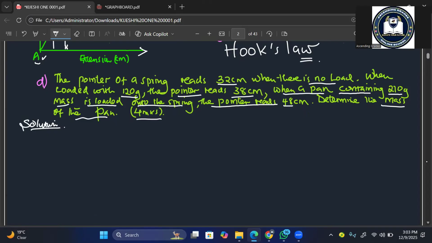So we can start looking at the question. We are given a load of 120 grams, and this is equivalent to 0.12 kg. Then the extension it is producing will be 38 minus 32.